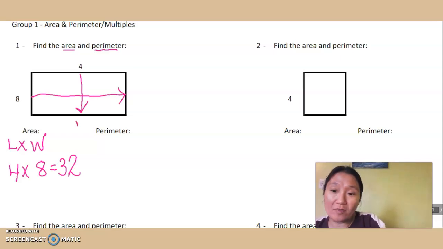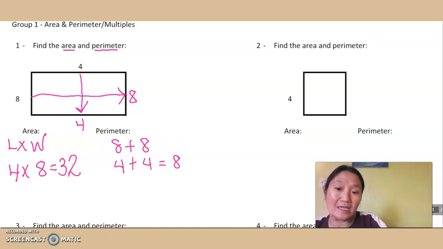So you have 4 on this side and 8 on this side. You already know that. You don't have to fill it in. So you know that 8 plus 8, and then 4 plus 4 equals 8, and 8 plus 8 equals 16, and 16 plus 8.